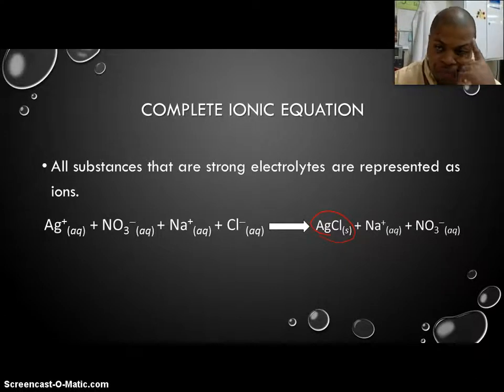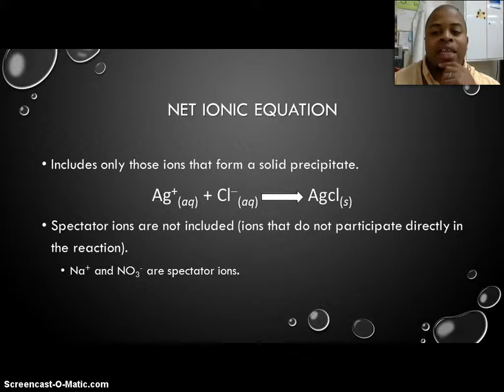Now, the last type that we're dealing with are net ionic equations. In my mind, I think of it just like a paycheck. When you get your paycheck, there's usually the gross amount that you make, but then there's the net portion. That's the portion that you actually take home. In the situation here for a net ionic equation, this is the part that we need to pay attention to.